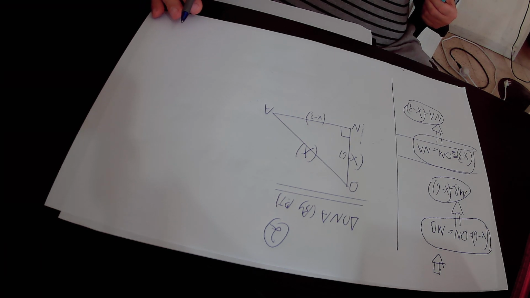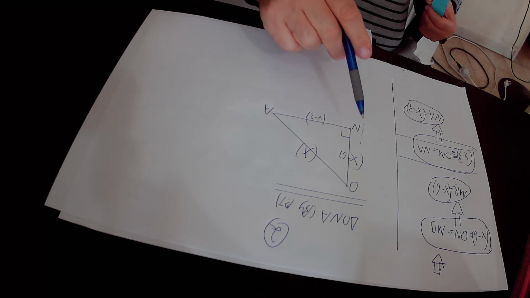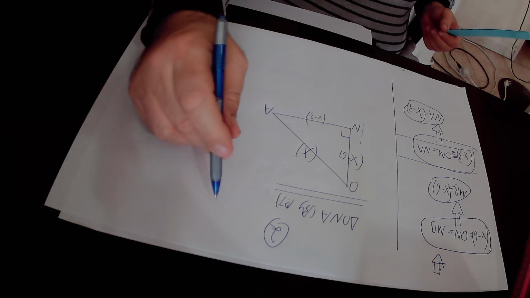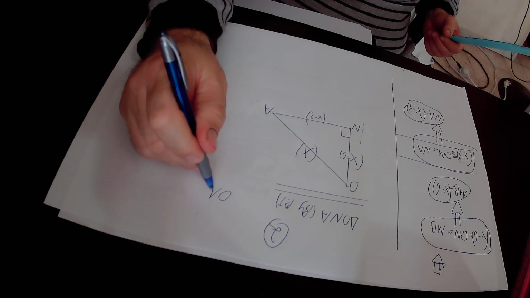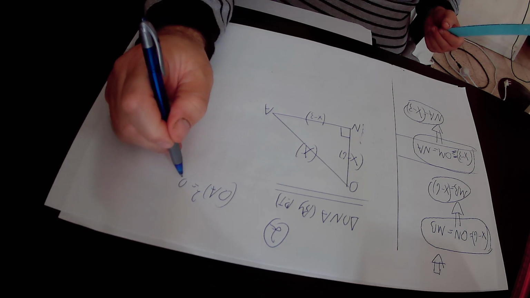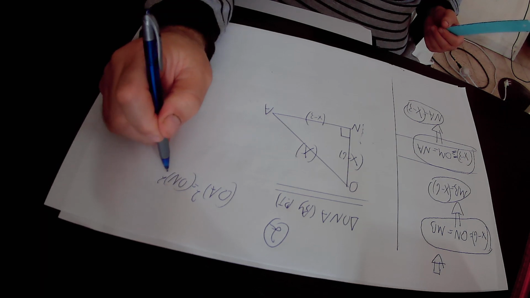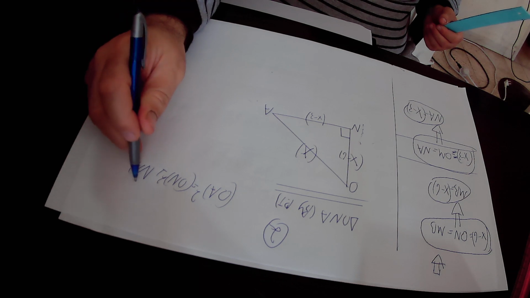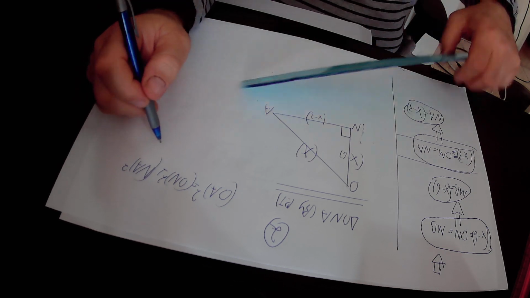According to the Pythagoras theorem, in any right triangle, the square of the hypotenuse equals the sum of the squares of the perpendiculars. The hypotenuse in this right triangle ONA is OA, therefore the square of the hypotenuse is OA squared, and it must be equal to ON squared plus NA squared. Okay.